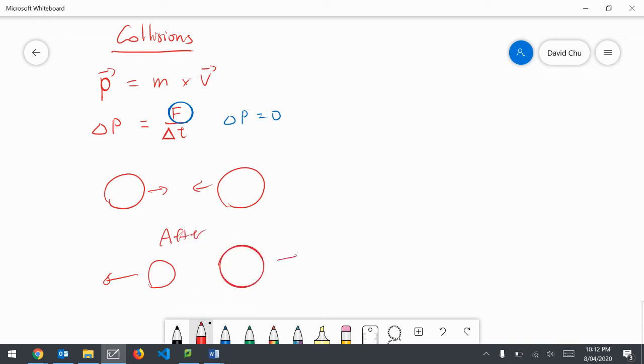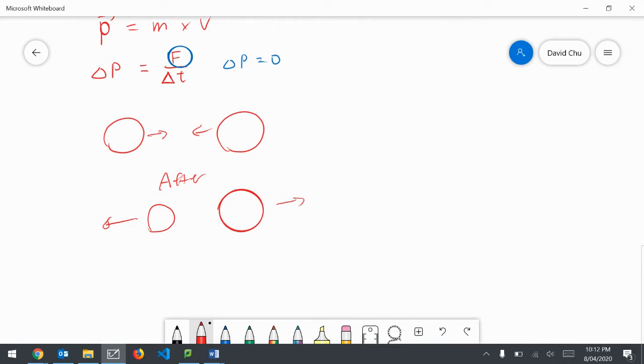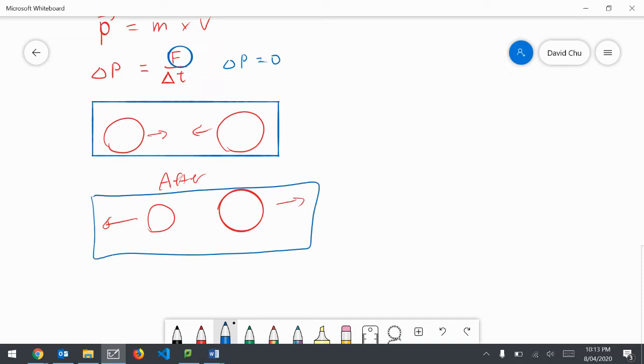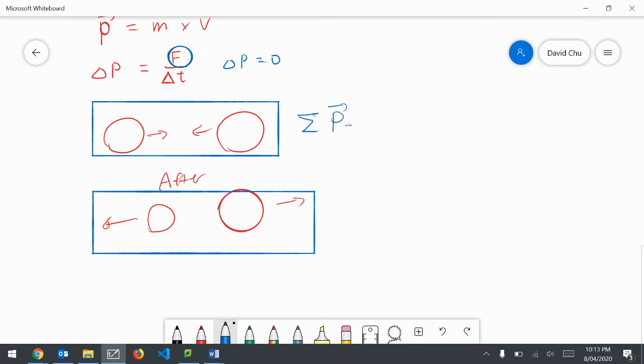In the meantime, if there's nothing touching the system, no air resistance, and no other force applied to either of the balls, only to each other, then the total momentum before will be the same as the total momentum afterwards.